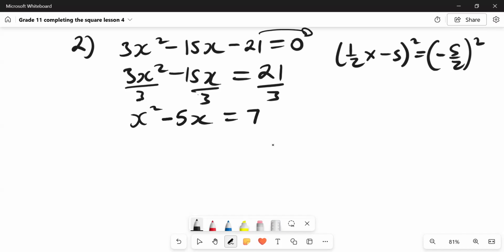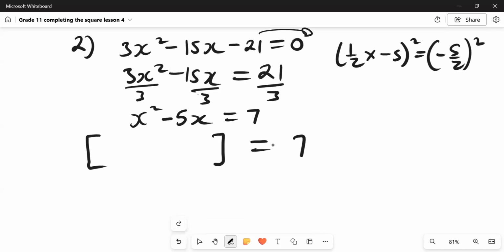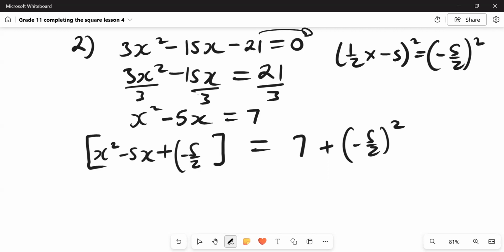So now from here, you introduce your brackets equals to the 7. You add this side first, which means you'll have your plus minus 5 over 2 all squared. That's your x squared minus 5x, and then you add here, that's plus minus 5 over 2 all squared, right?